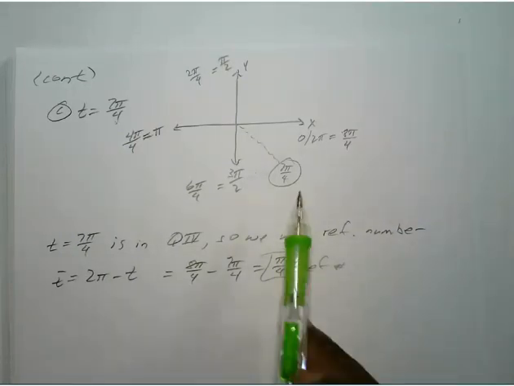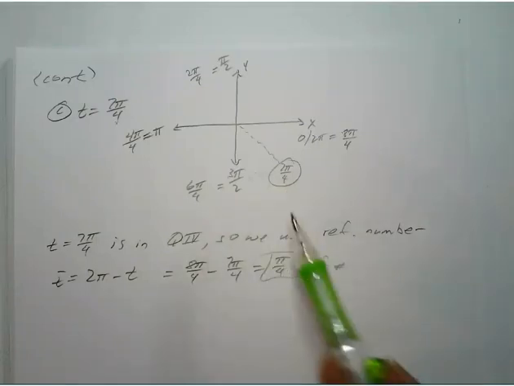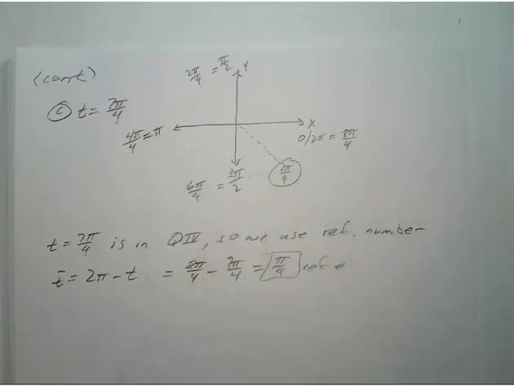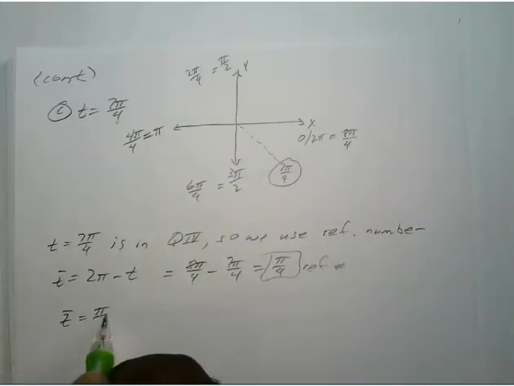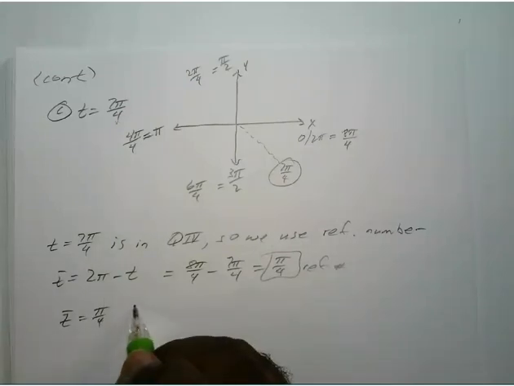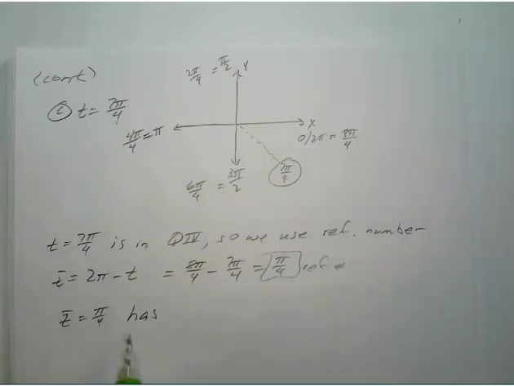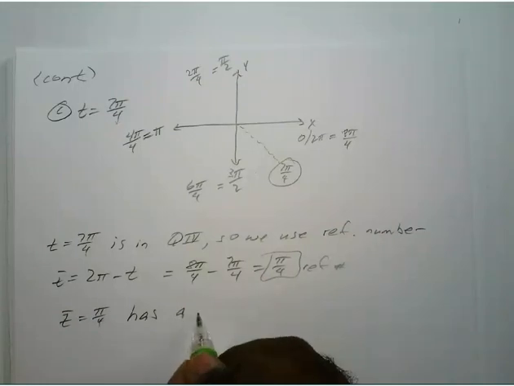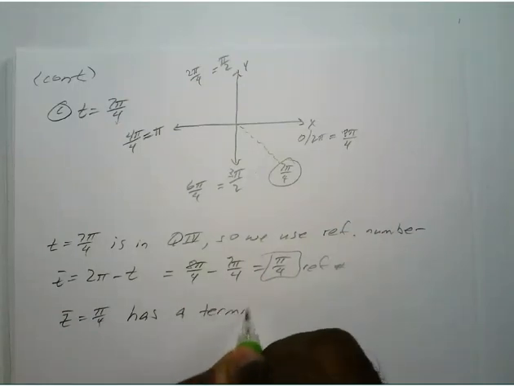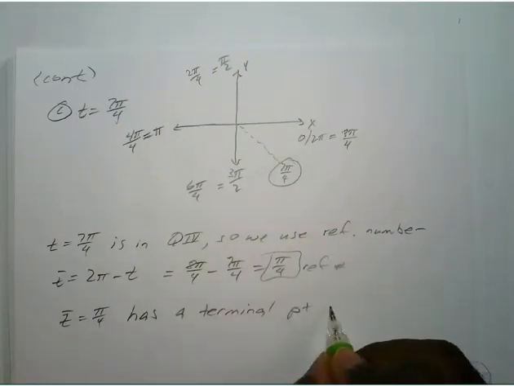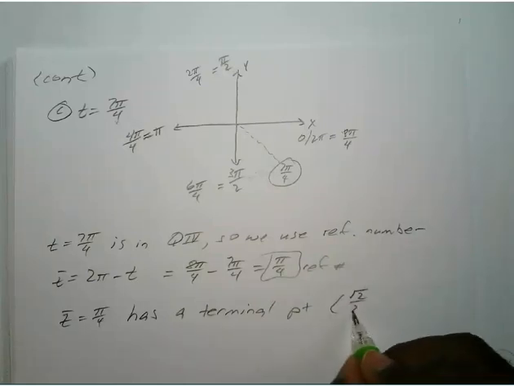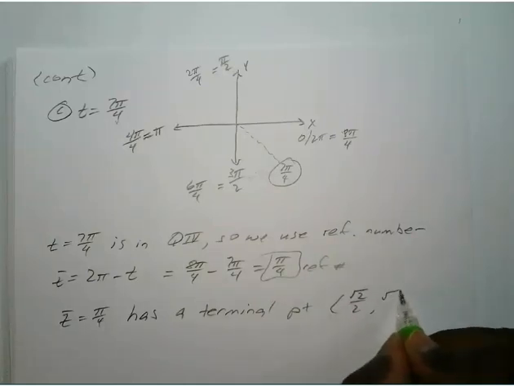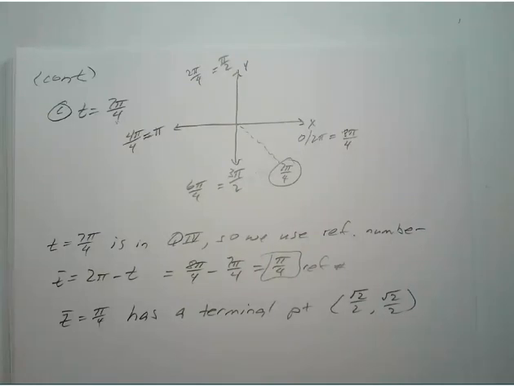Okay, now since it's in quadrant 4, we know that we can get our terminal point. Our reference number t equals pi over 4 has a terminal point of square root of 2 over 2, square root of 2 over 2. Okay, so we know where we're starting with.